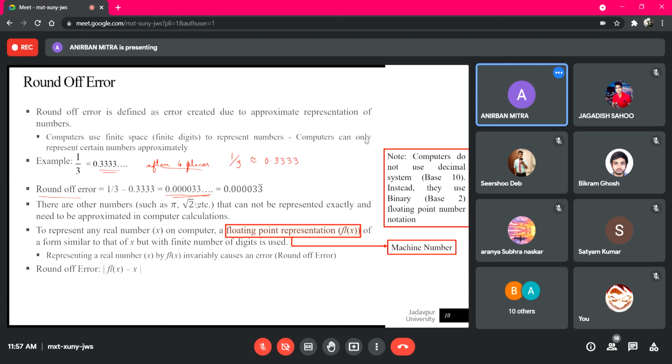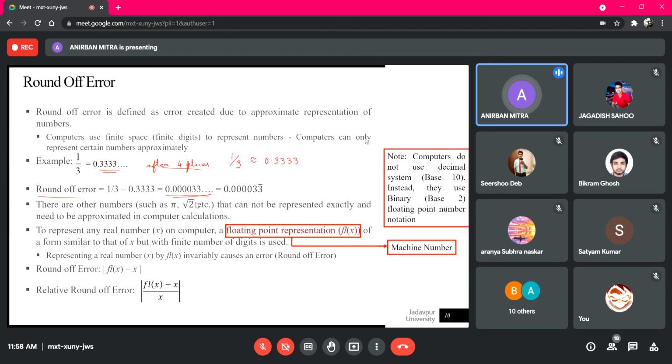For now, let us say that this round-off error is caused invariably by representing a real number by its floating point representation. So there is a difference between the real number x and the floating point representation fl(x). So the round-off error is going to be fl(x) minus x. So this is the absolute round-off error, because we are not considering the sign and considering only the magnitude of the error. Also, it can be put in a relative form.